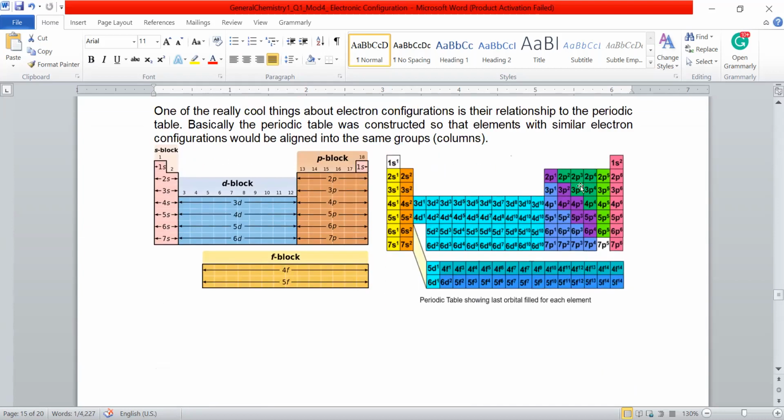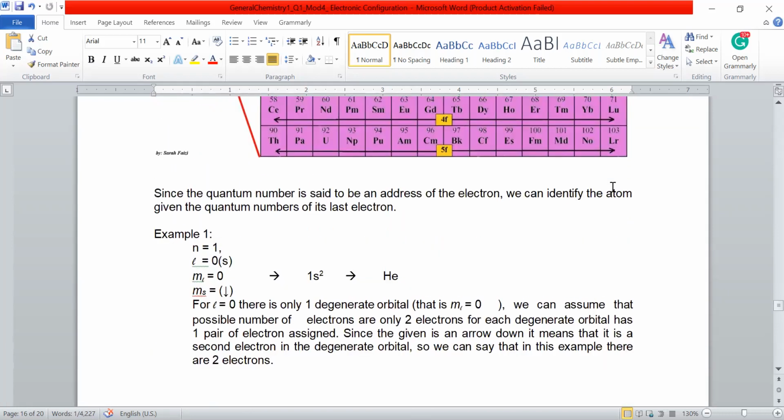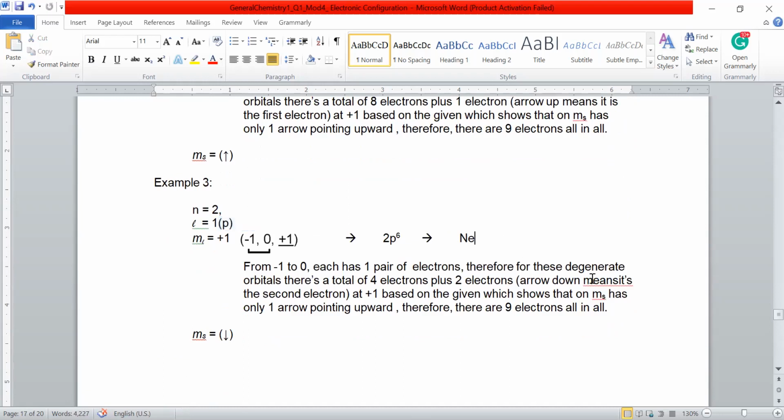So 2p6: 2p1, p2, p3, p4, p5, p6. Which electron is in the second period at the very end? You go here, so here is your 2p: 1, 2, 3, 4, 5, 6. So you have 6. The slide says there are 9 electrons in all.